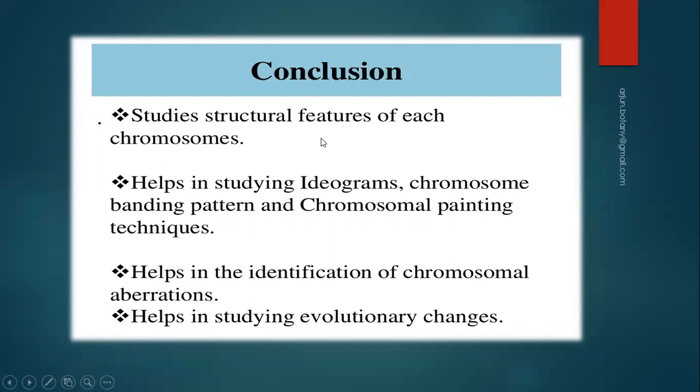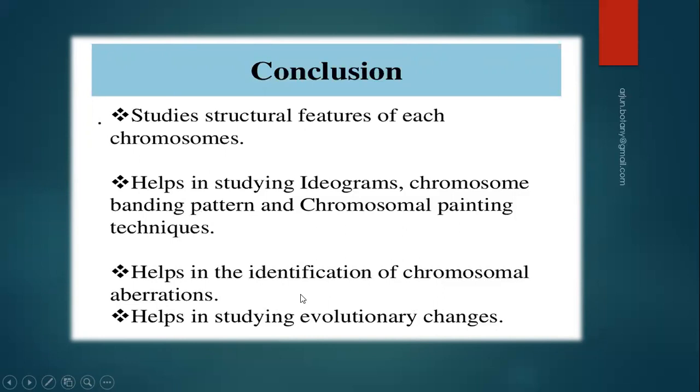Chromosome painting is a very important part of genetics, and from chromosome painting we can study the structural characters of each chromosome. That's why you can analyze the details of every chromosome. Next, we can study the ideogram and the chromosome banding pattern, and we can also study chromosome painting in different ways. Next, it helps in identification of chromosomal aberration.